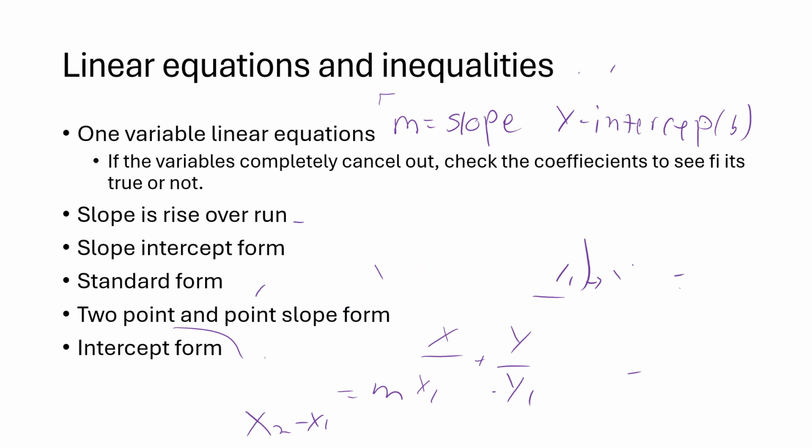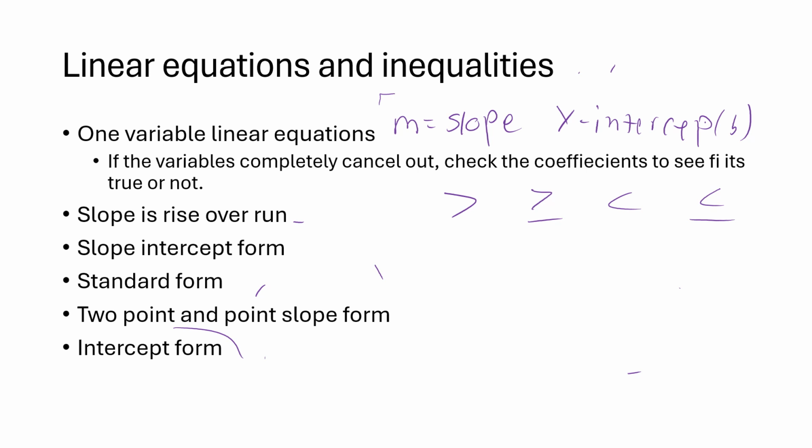So now let's talk about inequalities real quick. I think they're pretty self-explanatory. This is greater than, this is greater than or equal to, this is less than or equal to. Pay attention to where the x is, because if your x looks like this, they mean the same thing: x is greater than y, y is less than x.